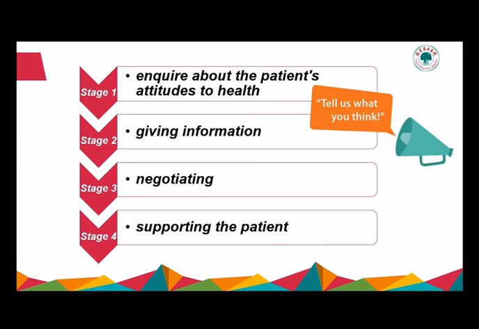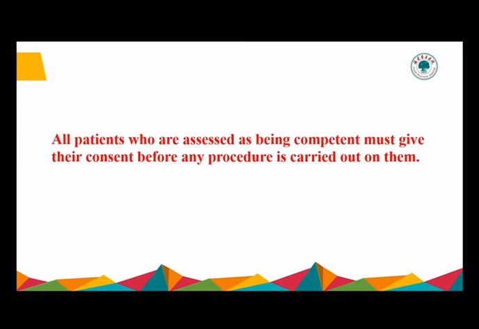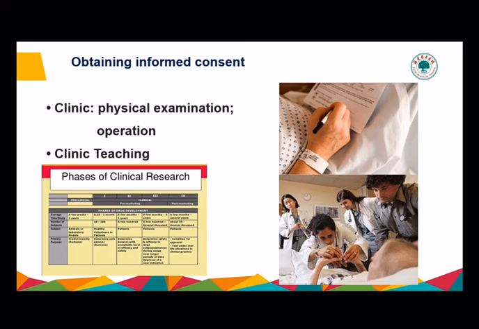Okay, now let's discuss how to obtain informed consent. Please pay attention that all patients who are assessed as being competent must give their consent. There are some examples for us. Physical examination, operation, or clinical teaching.